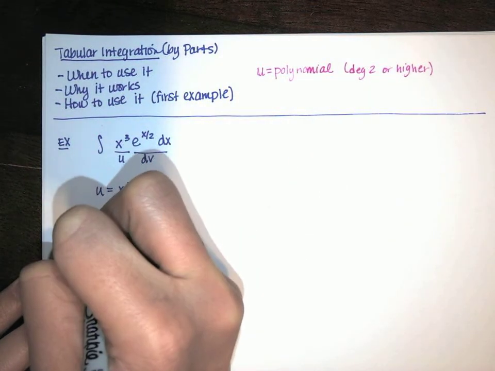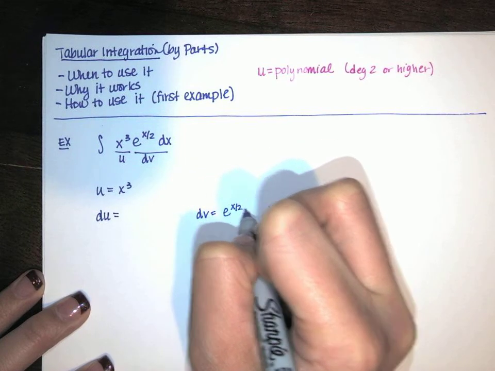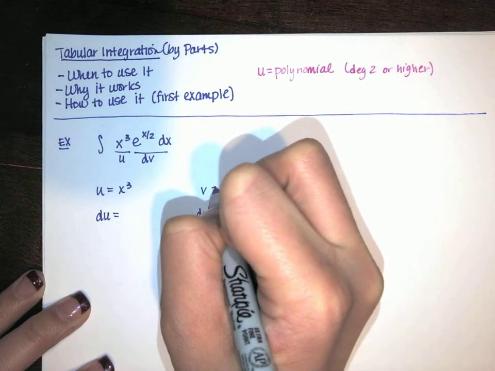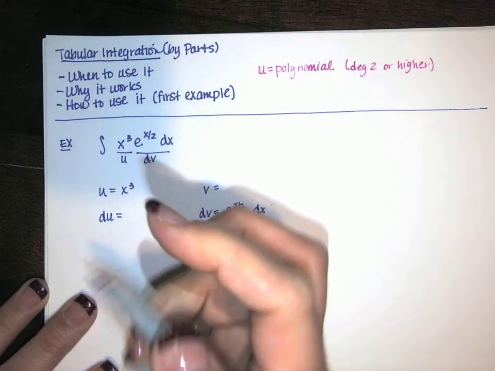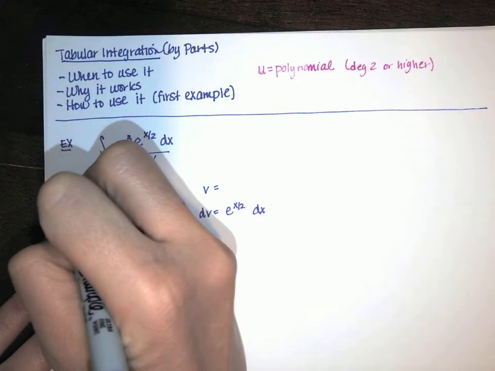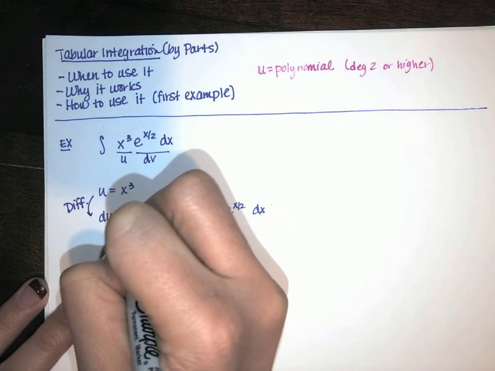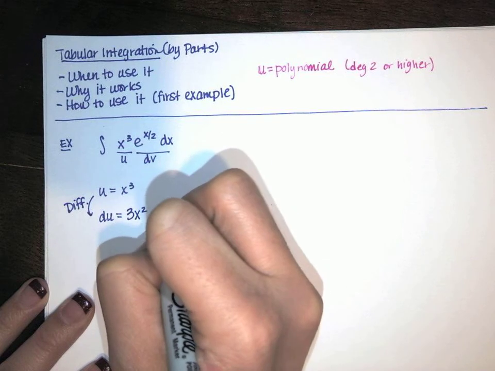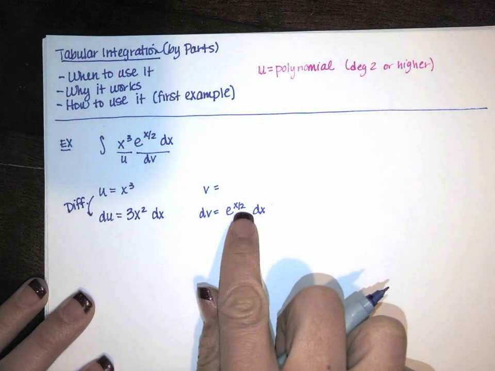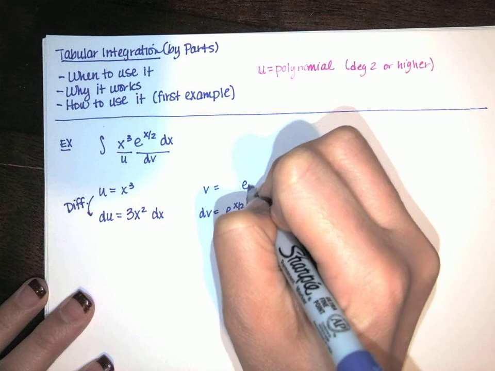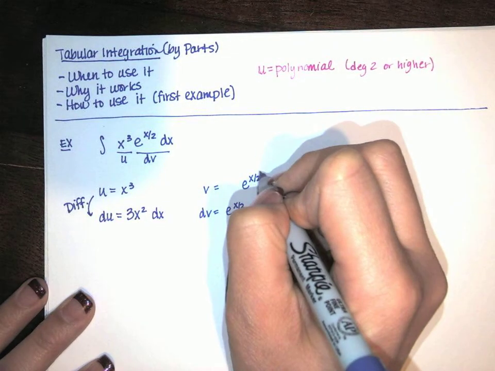So create my little table. Then to fill this in, we're going to differentiate u. The derivative of x cubed is 3x squared. Don't forget to multiply by dx. And then the antiderivative of e to the kx is e to the kx. K is 1/2 this time, so we have to divide by 1/2.